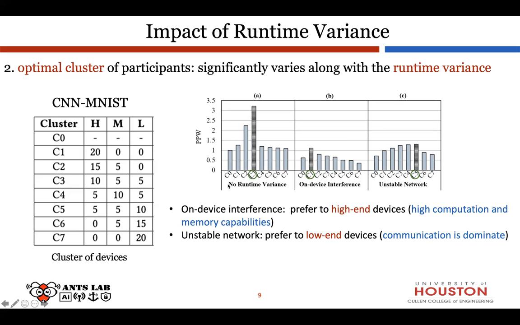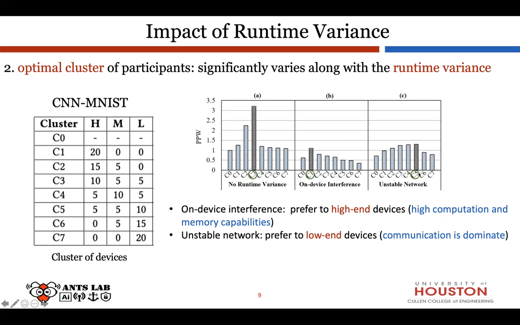For example, for the no runtime variance scenario, the optimal cluster is C3. But if there is some on-device interference, the optimal cluster is C1, which means we prefer high-end devices in this setting because they have the high computation and memory capacities to handle the interference.